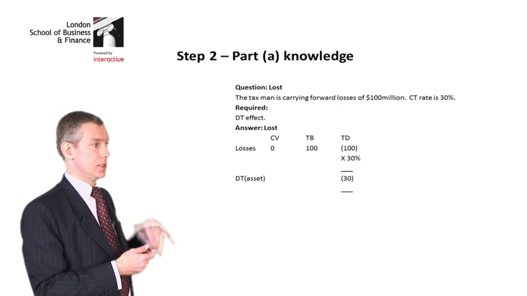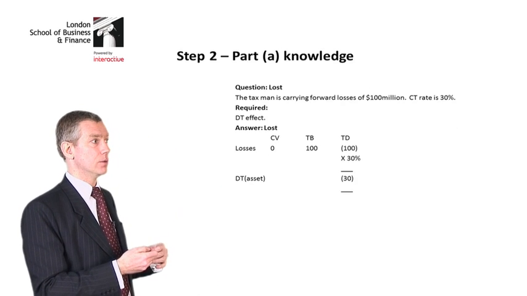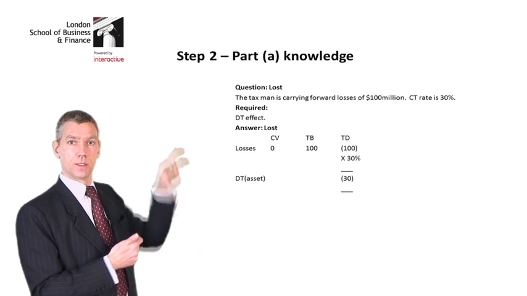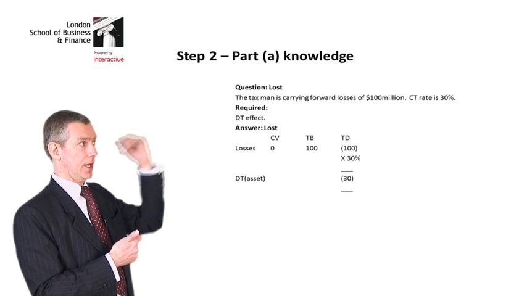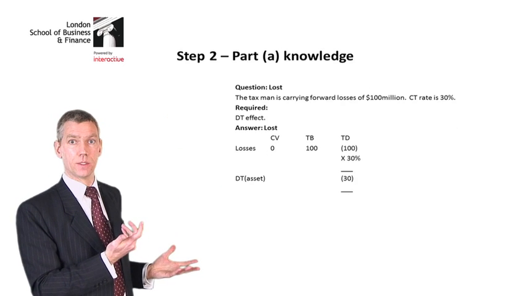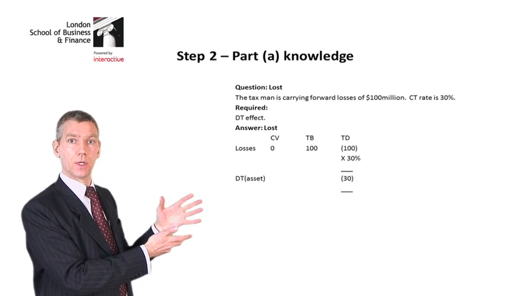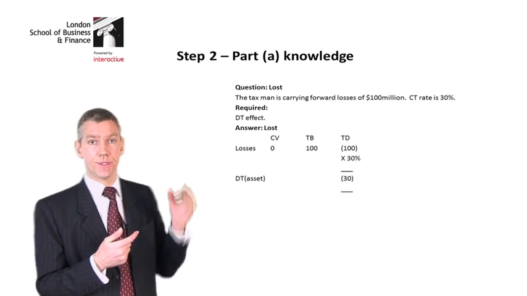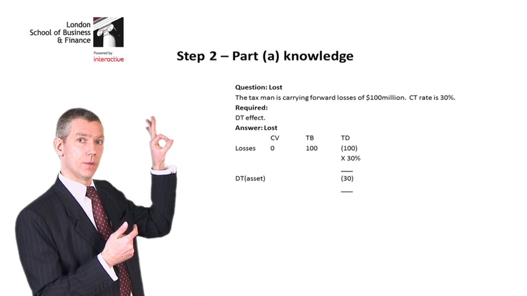So what is the asset and liability value on the balance sheet of something that's not in assets or liabilities? It's zero, isn't it? We don't have an asset or a liability for losses. We just lose them in equity. So the financial accountant is carrying a carrying value of zero.